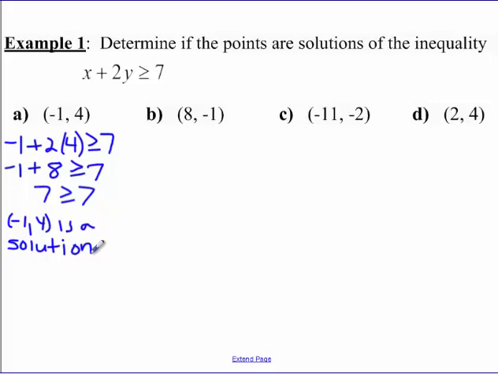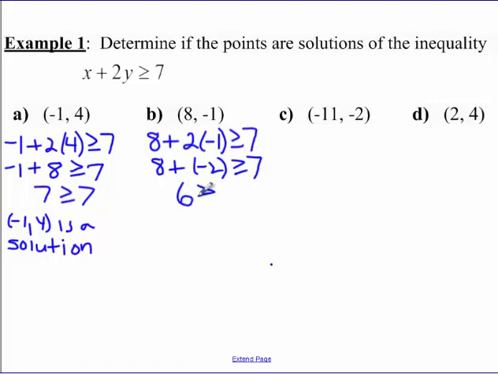Now we try the next one. (8, -1), so x is equal to 8, y is equal to -1, so we plug that into our inequality. 8 plus 2 times the y value, which is -1, is greater than or equal to 7. Evaluate the left-hand side to see if we get a true statement. 8 plus 2 times -1 is -2, so 8 plus -2 is 6. 6 greater than or equal to 7 is not true.